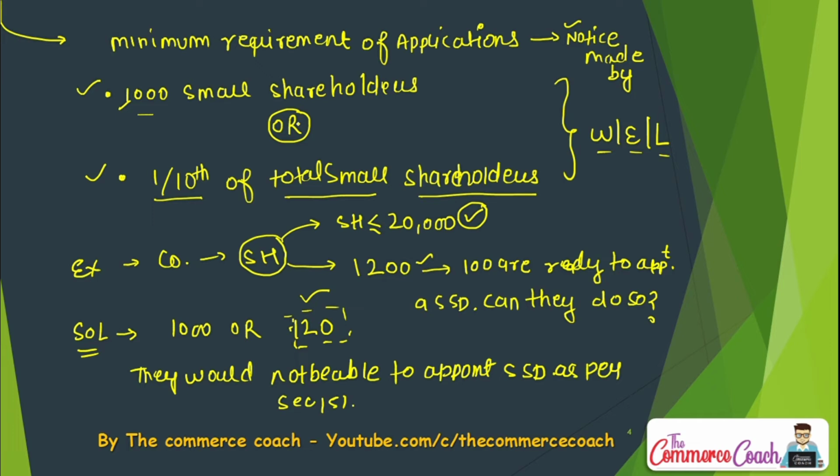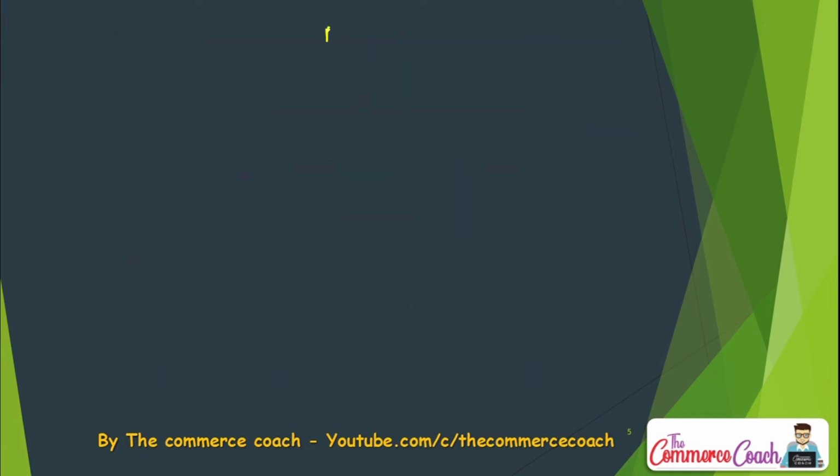Okay, now it comes to notice. I told you that the small shareholders, suppose they have 120. They successfully have 120 small shareholders who are ready to appoint a small shareholder director. Now they have to give a notice to the company.